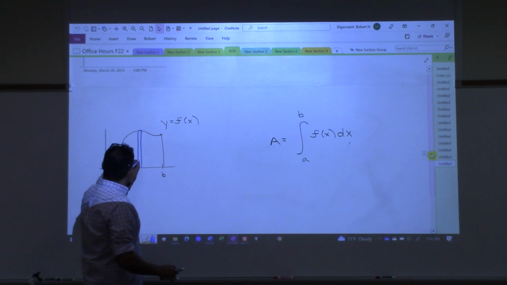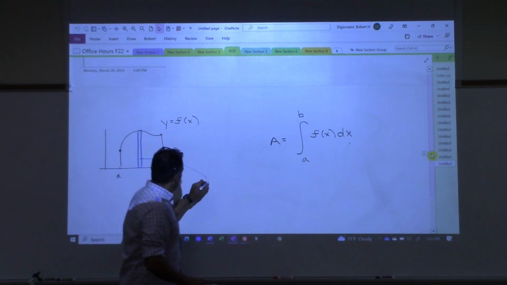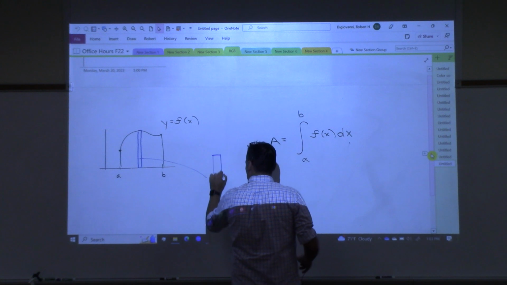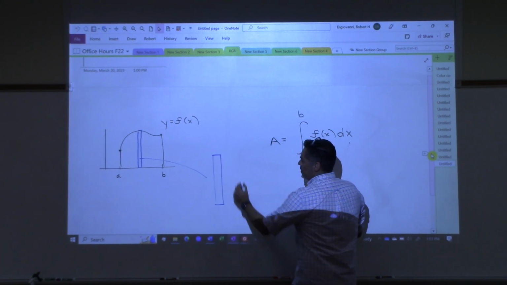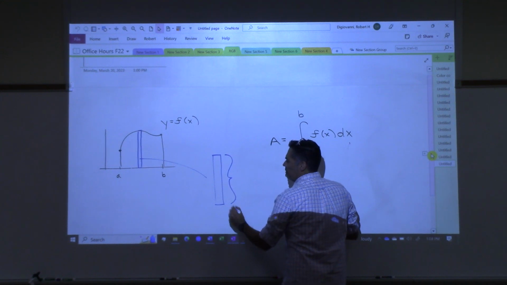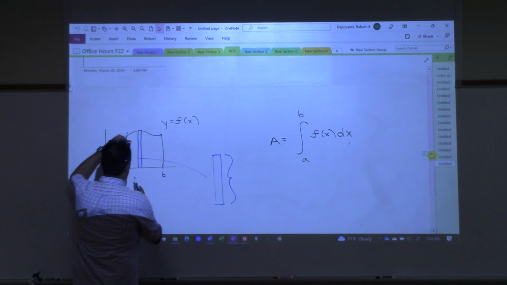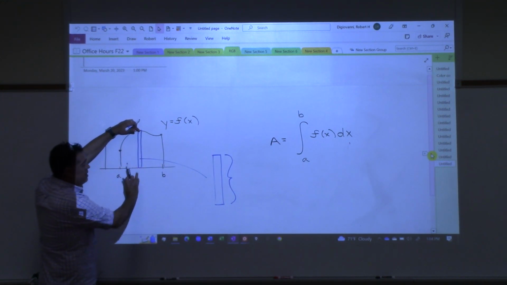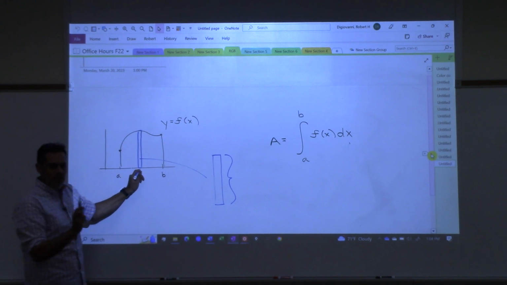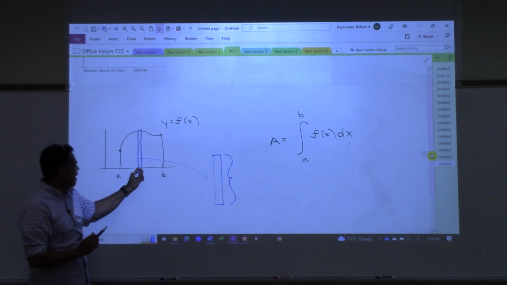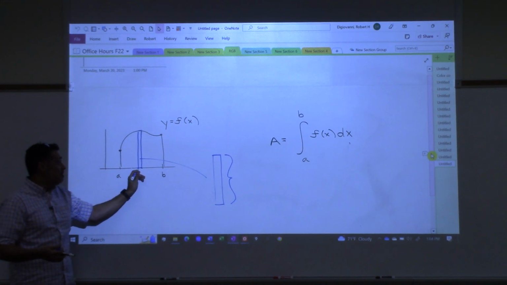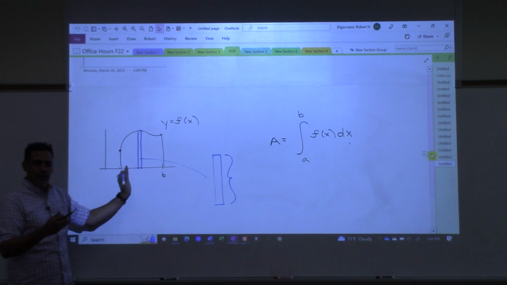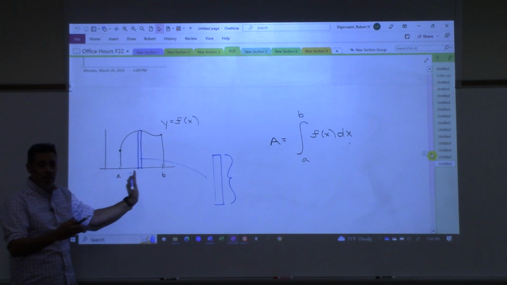If we look at one of these rectangles and want to find the area of just one of them, the height of the rectangle will be the value of the function at some point between the left and right endpoints of that rectangle. It turns out in Cal 2 that it doesn't matter where you pick that point. It can be at the left or the right or the middle or any point in between.